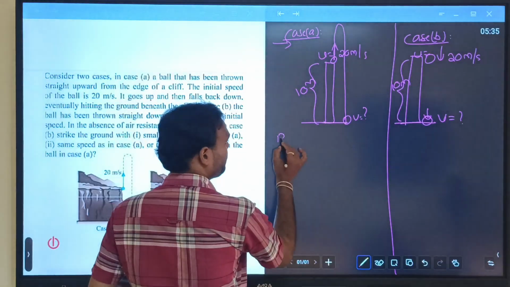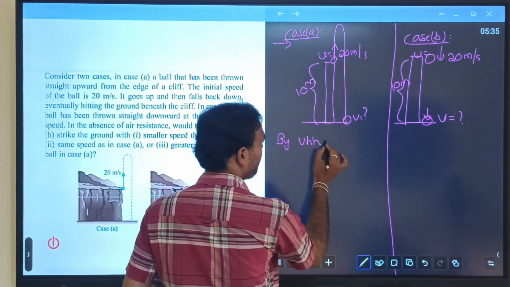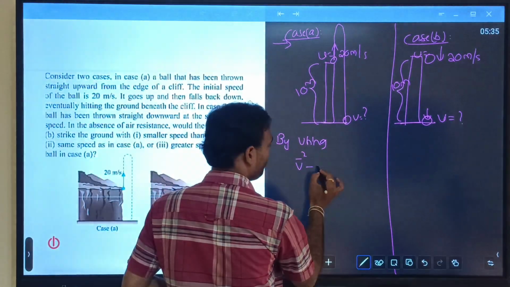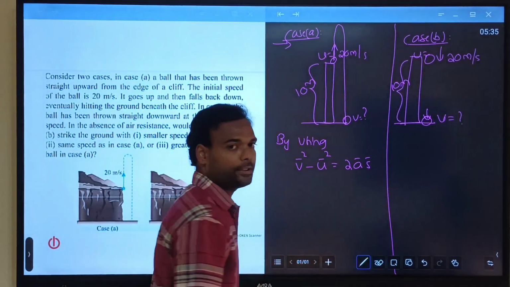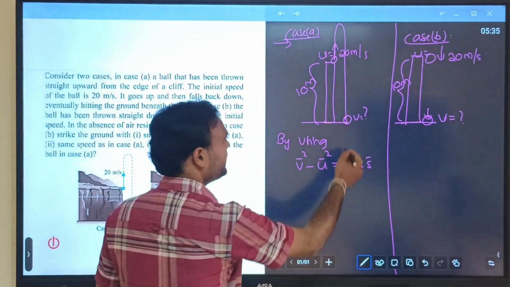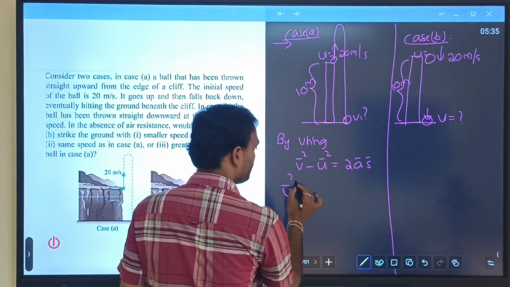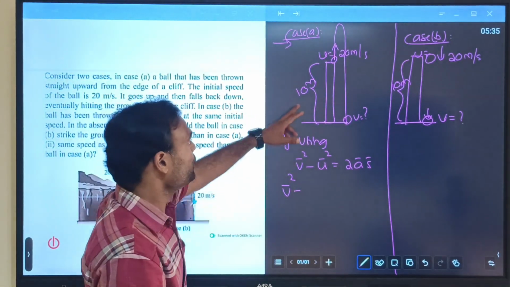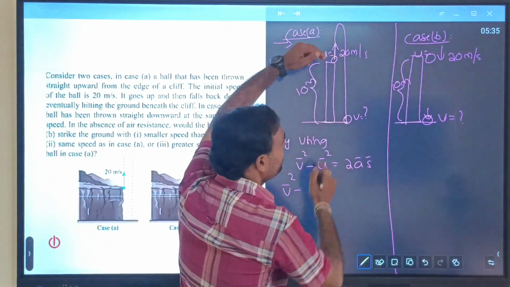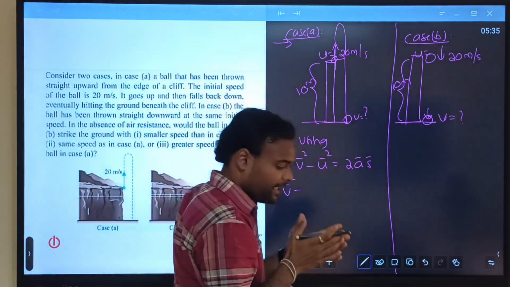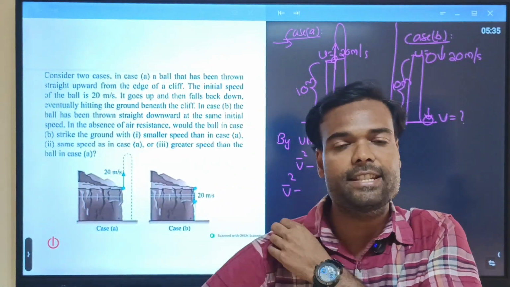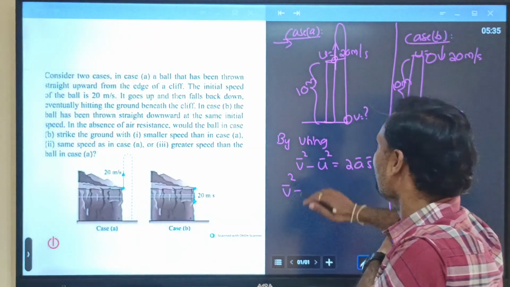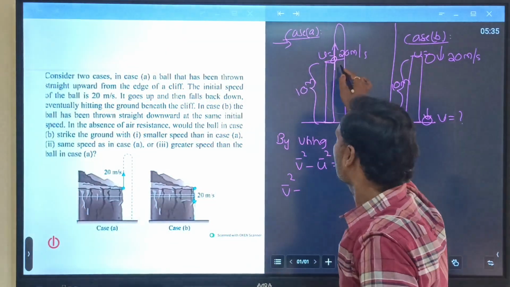Now by using v square minus u square is equal to 2as, here v square is what we are going to find, and u is 20. The point from where the object starts its journey, we have to consider it as origin.